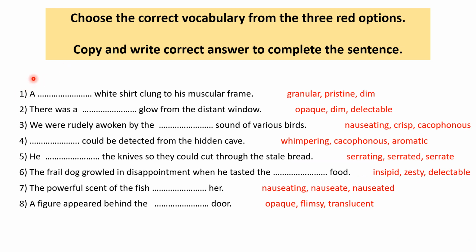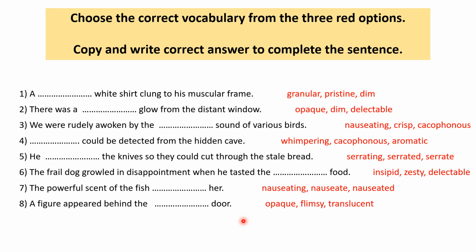Number 1 is A, something white shirt clung to his muscular frame. Your options are granular, pristine, and dim. You need to choose the correct word out of these 3, copy the sentence, and add it in. And you need to do the same for all 8 of these examples. Okay, pause the video and do that now for me, please.